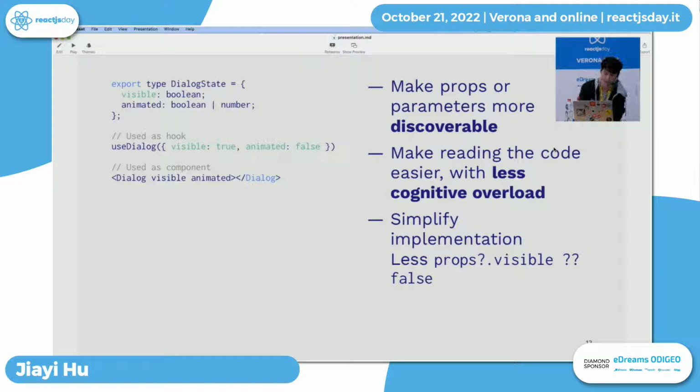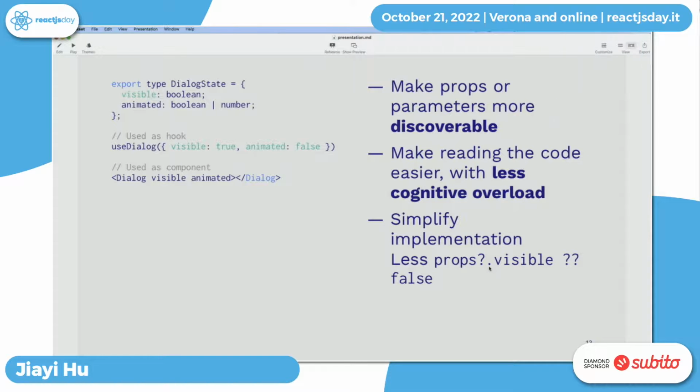And it also simplifies the implementation of the component, because we use fewer operators like the optional operator or the nullish coalescing operator, I cannot even pronounce it. Generally I think that avoiding this operator is possible, even if you use strict TypeScript, and is better, because it makes the code easier to read.